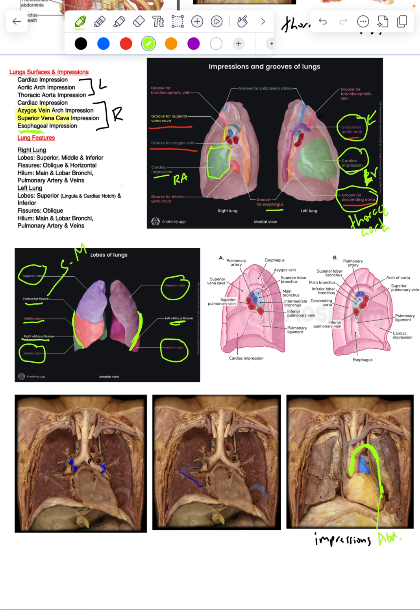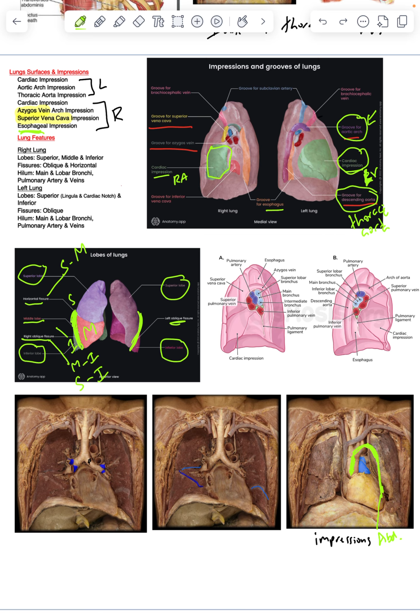Right oblique fissure separates your superior from your inferior, because your oblique goes all the way around here to where you have inferior and superior. So oblique will separate both: middle from inferior, and superior over here from inferior. Sorry if that got a little messy.